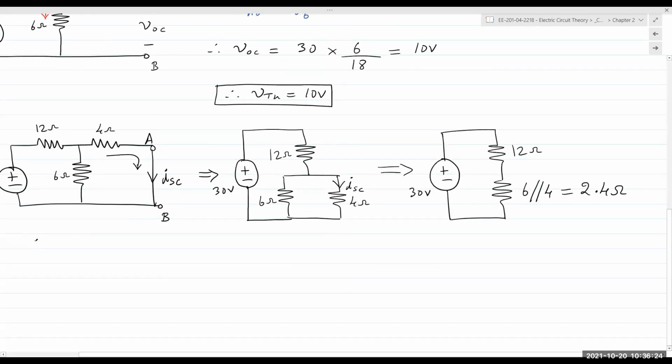So voltage across the 2.4 ohm resistor is going to be a fraction of 30 volts. The fraction is given by 2.4 divided by 14.4. This comes out to be, what is it? 2.4 divided by 14.4 into 30 comes out to be 5 volts.